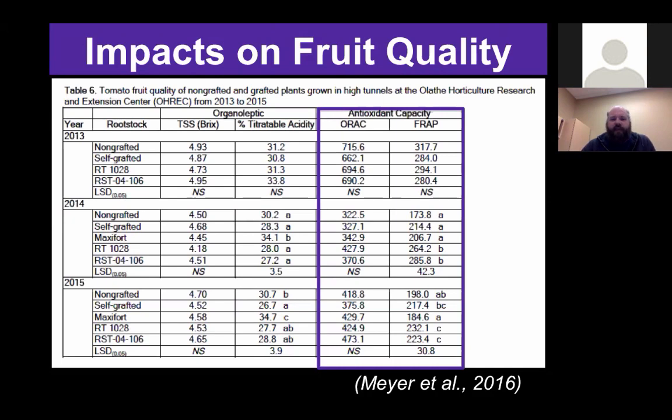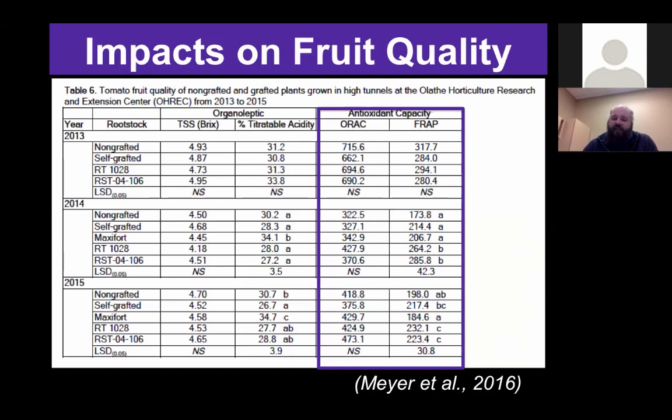We found with our highest producing rootstock, Maxifort, it actually had very similar antioxidant capacity to the non-grafted plants. So that's encouraging that we're able to increase yield without penalizing the nutritional quality of the plants. What's also really interesting about this study is if you look at the two bottom rootstocks, RT1028 and RST04106, these are actually rootstocks that are, I would call them low performing rootstocks, in that they actually didn't increase yield significantly in any of our trials.